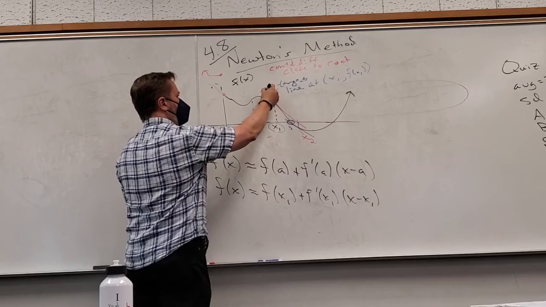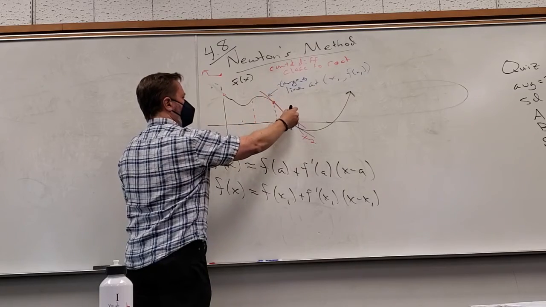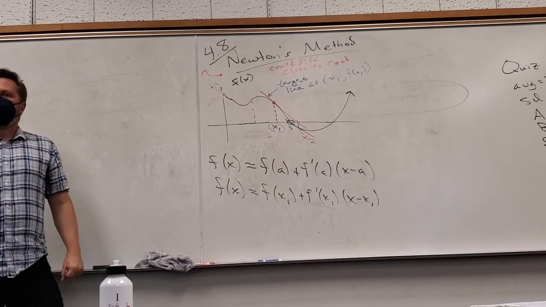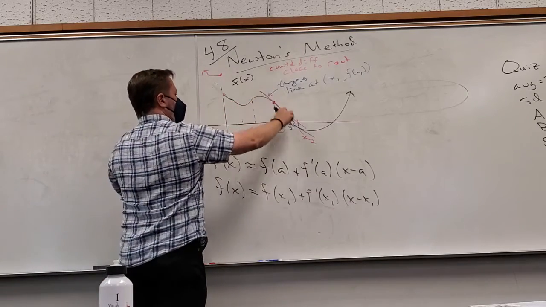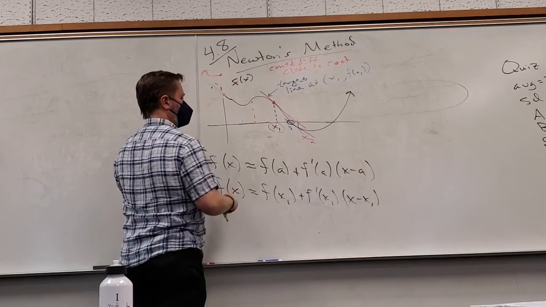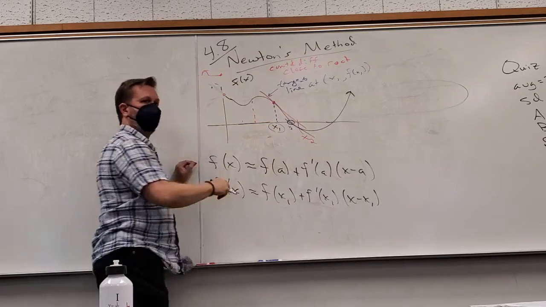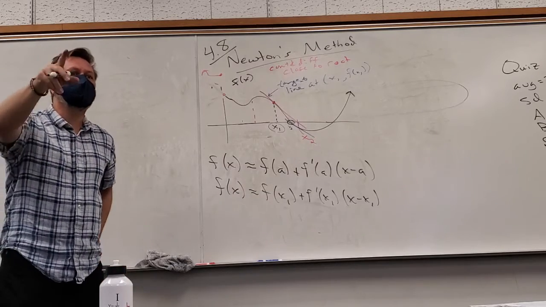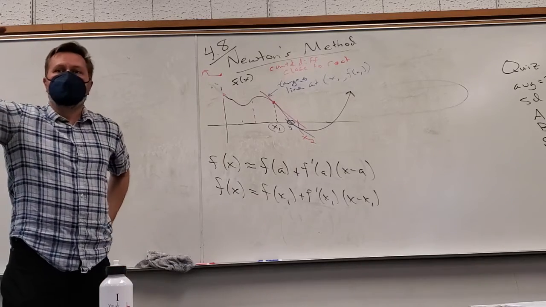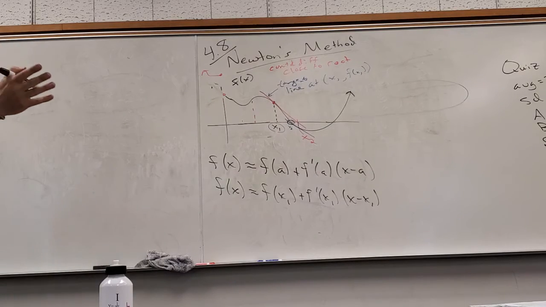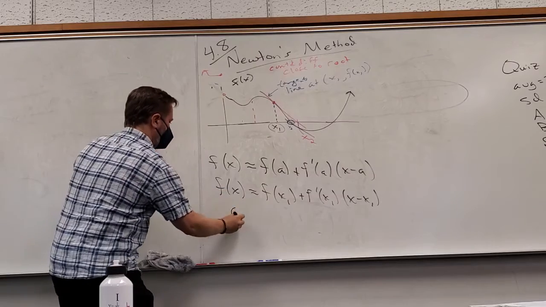I took my tangent line and I figured out where it crosses the x-axis, otherwise known as the x-intercept. How do you find the x-intercept? You set what equal to 0? Y. Good. So set this equal to 0.